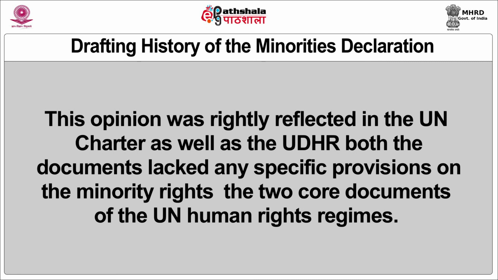Both the documents, the two core documents of the UN human rights regime, lacked any specific provisions on minority rights. The relentless effort of the Subcommission on the Prevention of Discrimination and Protection of Minorities over the subject area made room for the inclusion of minorities as a group within the system.